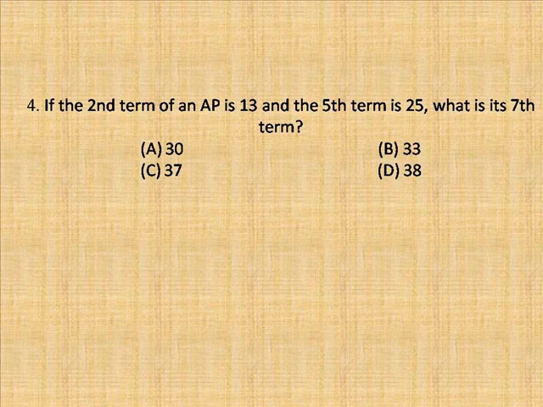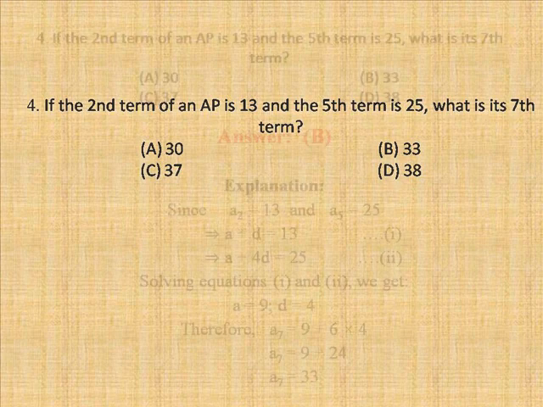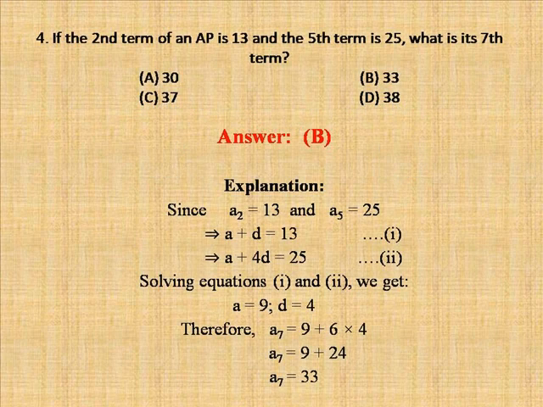Question number 4. If the second term of an AP is 13 and fifth term is 25, what is its 7th term? So you have the 4 options. So let's see it. Answer is option B. And you have the explanation.